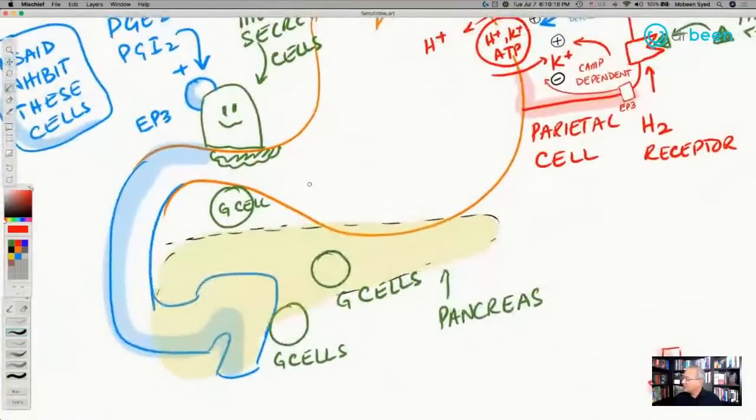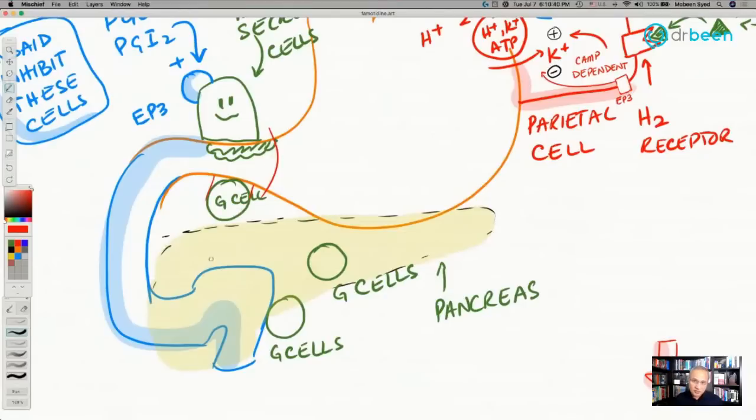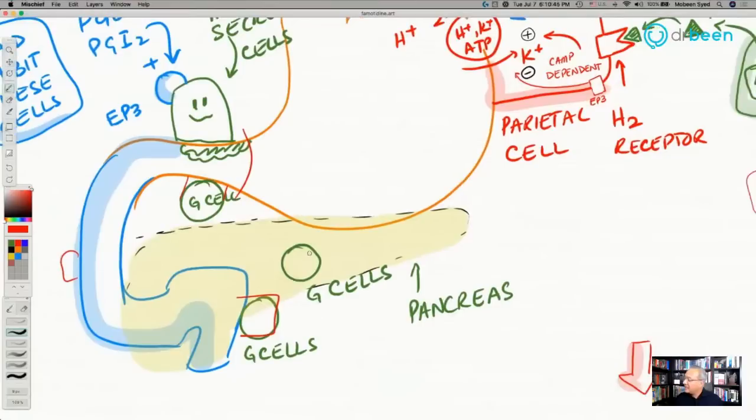If you see here, G cells are present in the pylorus of the stomach. The pyloric area is this area where the stomach becomes continuous with the duodenum. In that area, there are G cells. Similarly, there are G cells in the duodenum, and in the pancreas as well.